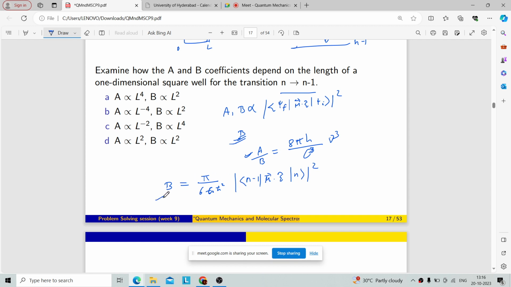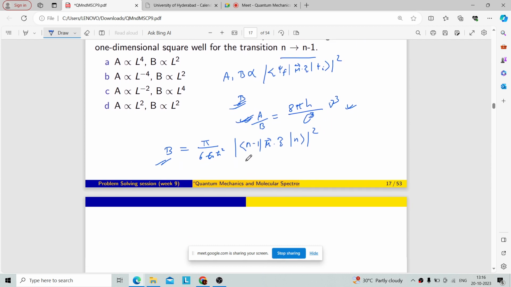Now if I evaluate B, then from B I can get A also from this relation. So now I have to first evaluate this transition moment integral.